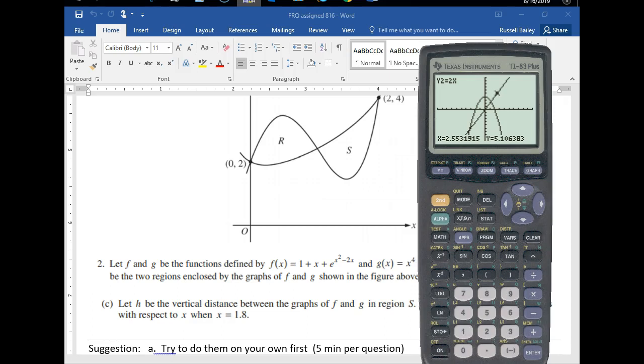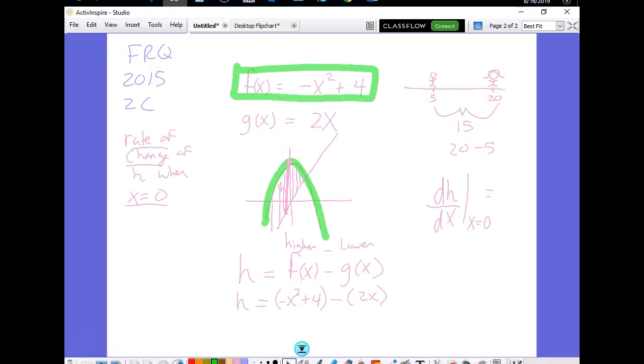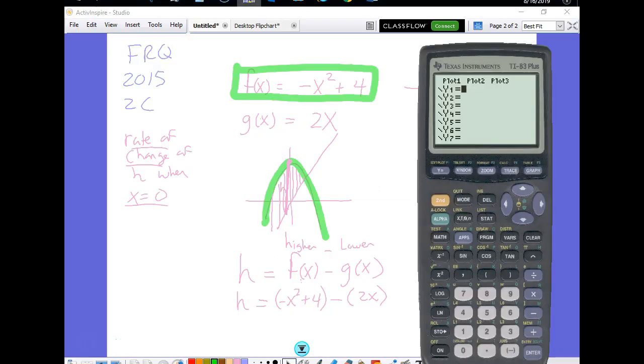All right, so what I'm going to do now is graph my new h function. So let's go back and I'm going to type in the h function. I got rid of the other two. For me, my h function is going to be negative x squared.